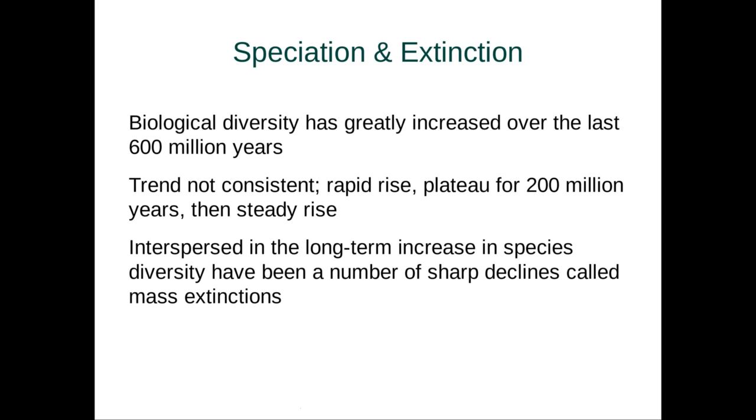the creation of new species, and we know that biological diversity, since oxygen as a molecule really expanded in the atmosphere about 600 million years ago, has greatly expanded over the past 600 million years. And along that rise in biological diversity, we also know there have been sharp declines in species.